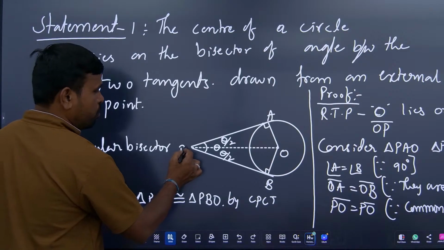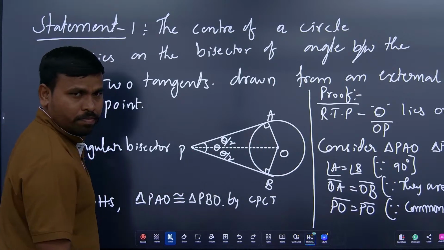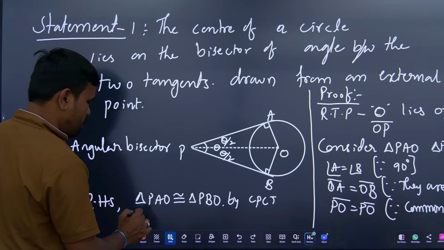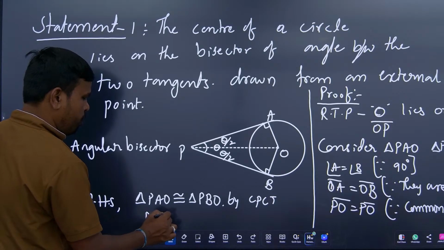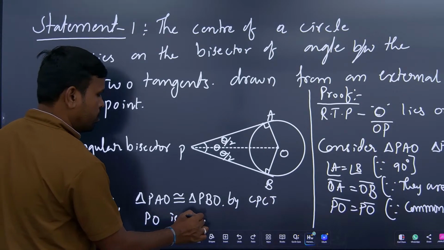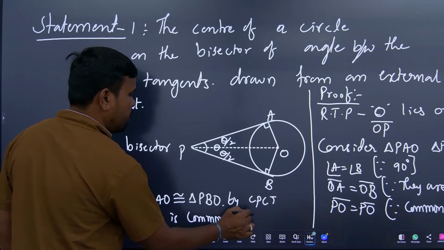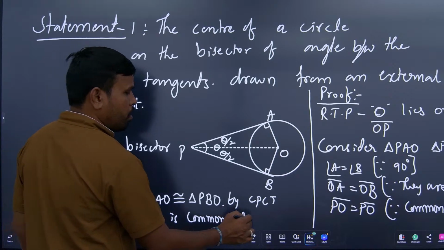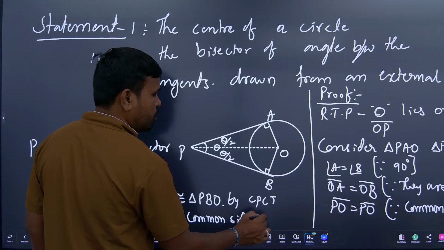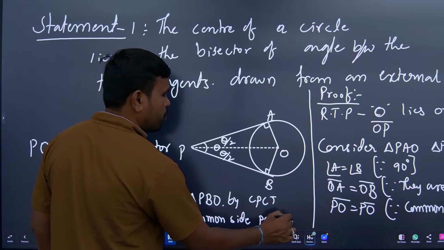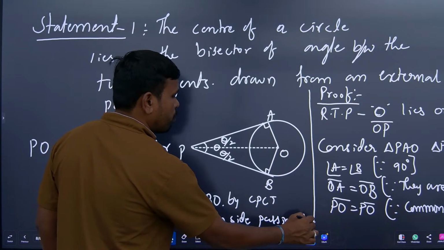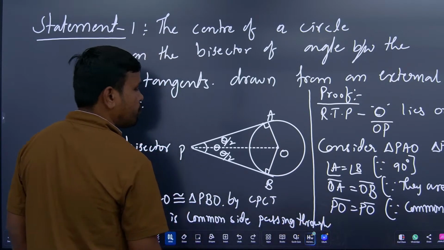Now, PO is the common side, right? PO is the common side and passing through what?